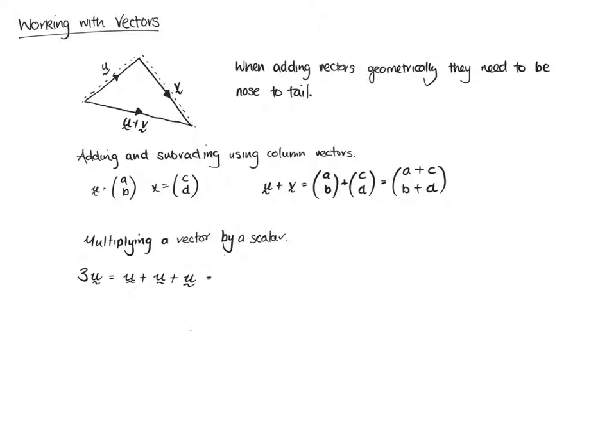And a way to do that would be 3a, 3b. So you have to multiply both bits by 3. That works for any of them.